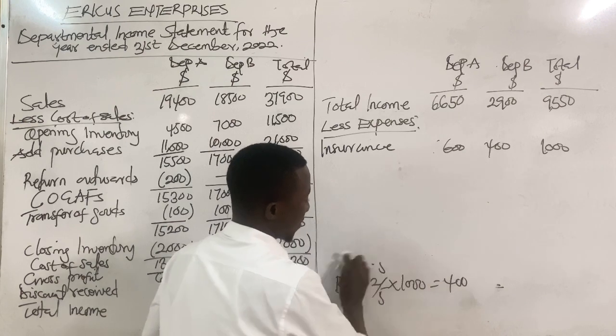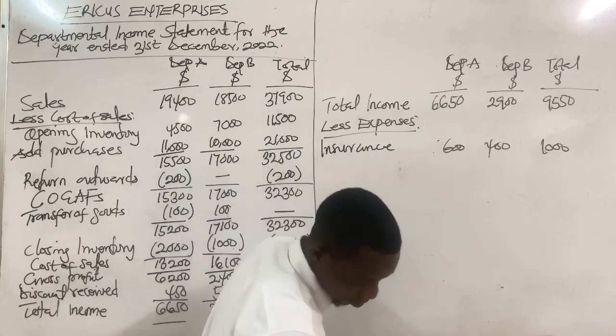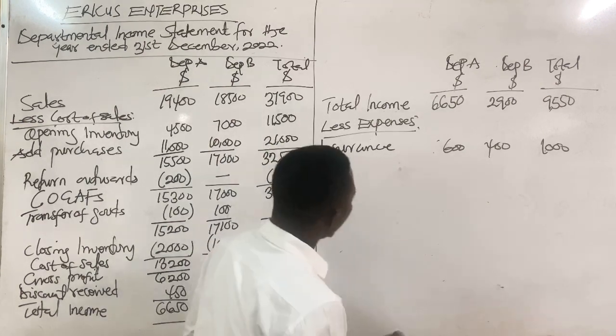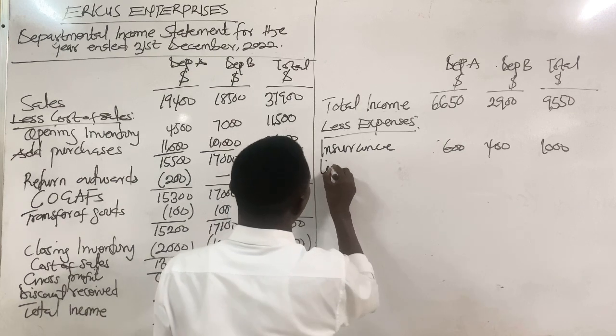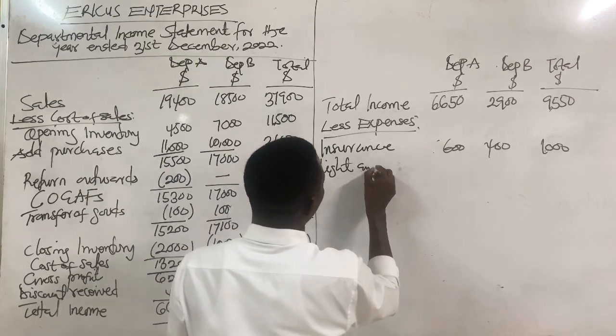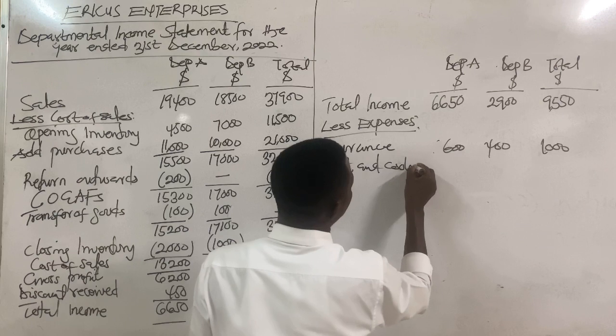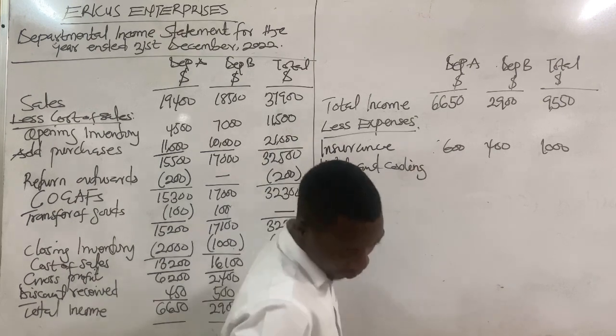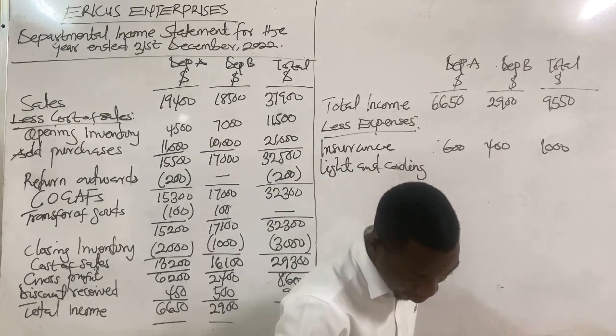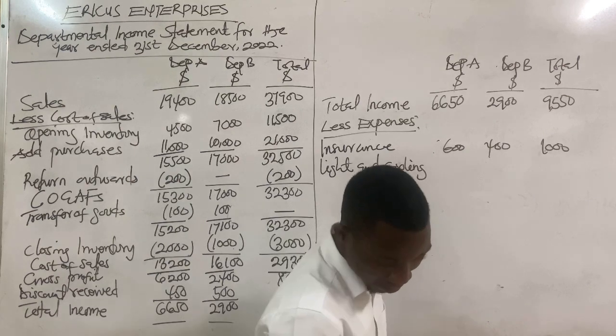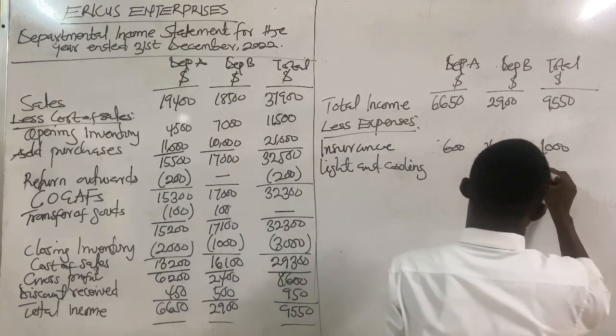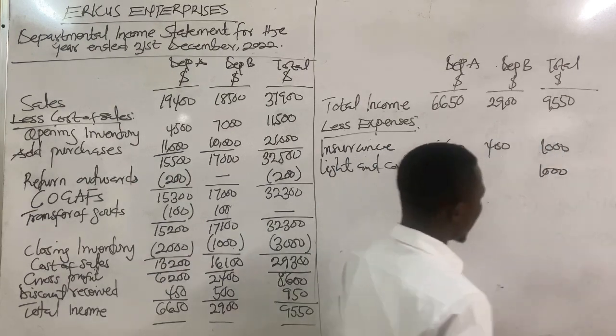So the next expense in the question is light and cooling. For light and cooling, the amount is $1,000, and there is no prepayment nor owings.